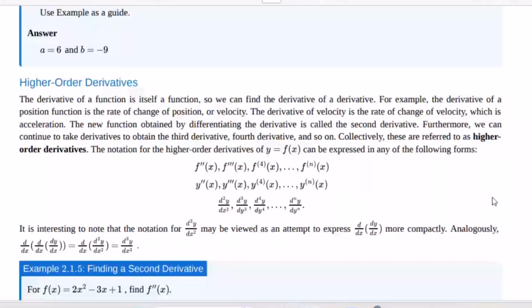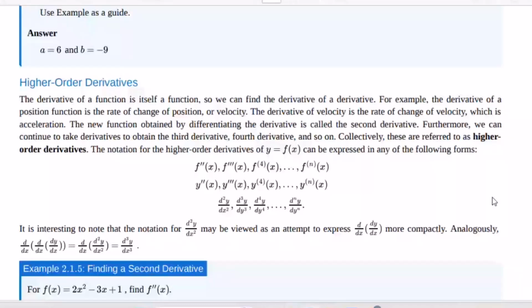f prime of x is equal to the limit. In the numerator, we will have an open bracket. Are you with me? Yes, sir. 2 open bracket x plus h close bracket squared. Have you got that?